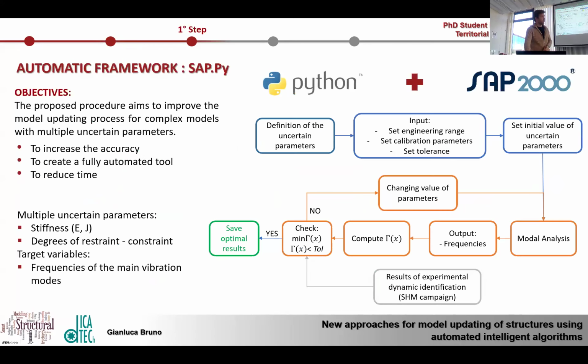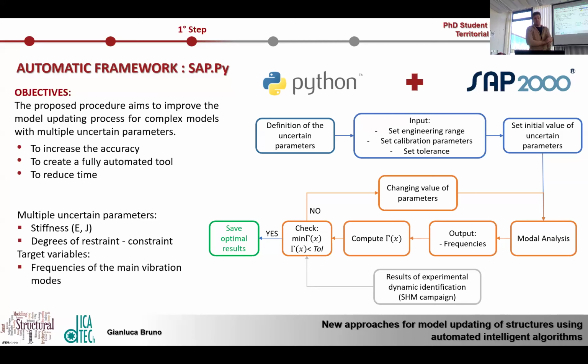In the first step of my research, I focused attention only on the manual process. The aim is the automatization of the process with an algorithm in the Python programming language and SAP 2000, in order to increase the accuracy and reduce the time of the process.